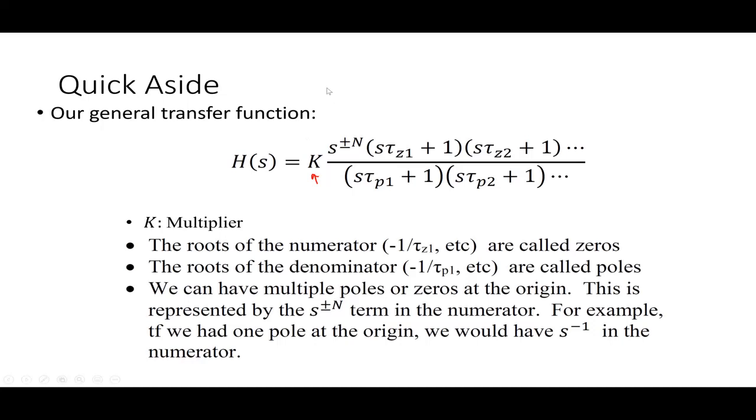And what I'm saying is I can basically always factor this transfer function so that I've got basically single poles on the bottom and single zeros on top, and possibly I have a bunch of what I would say poles or zeros at the origin. So maybe I have some single S terms, and I say plus or minus n because maybe I have 2 poles at the origin or 2 zeros at the origin, okay?